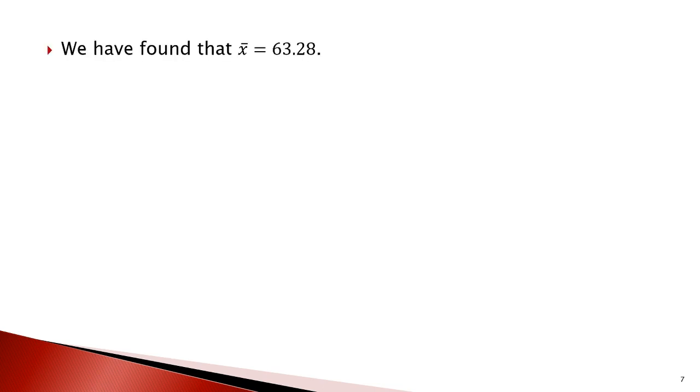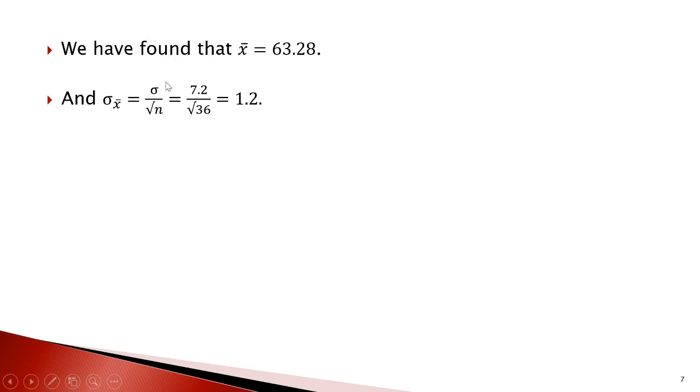From the previous example, we already have that x bar is 63.28. That is our point estimate, and we know that the population standard deviation is 7.2.